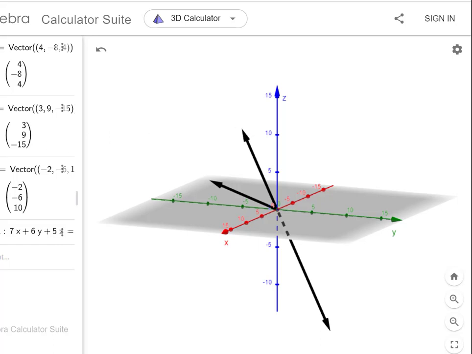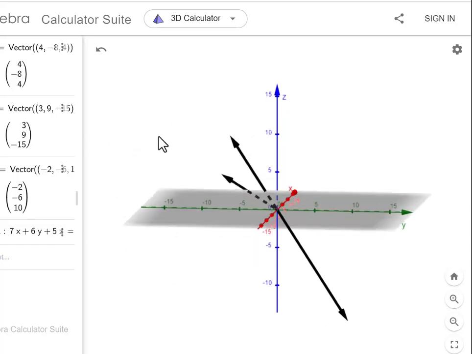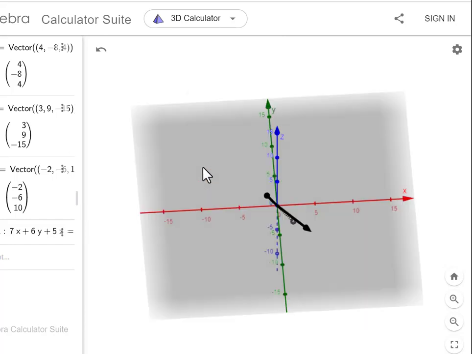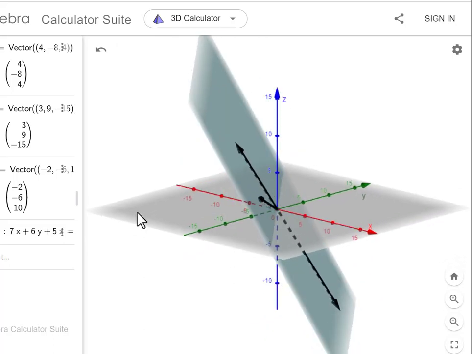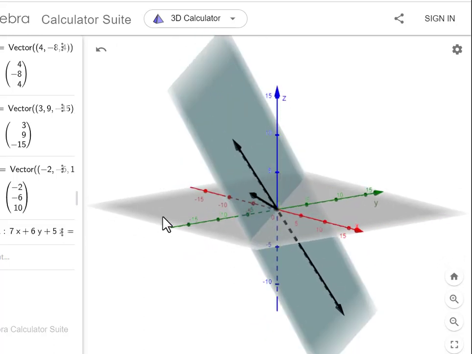Now, if we were to look even more closely, we'll be able to see that these three vectors all lie on a single plane. And that means that if I were to look at linear combinations of those three vectors, I can certainly put them together, them and their opposite directions, to get to anywhere on that plane.